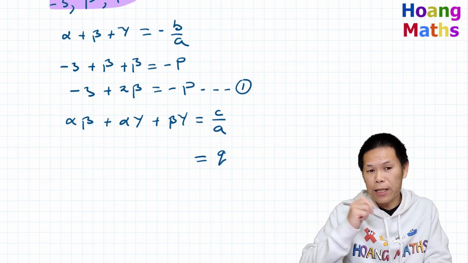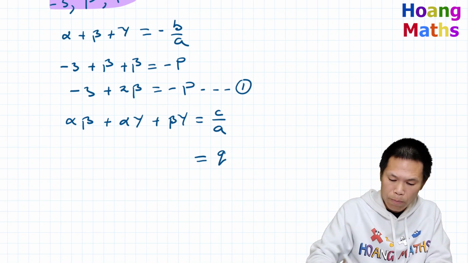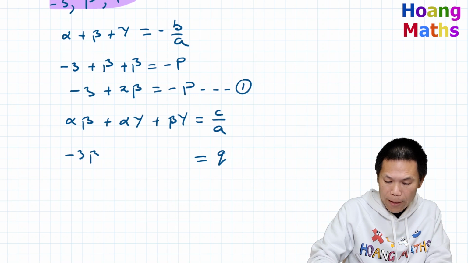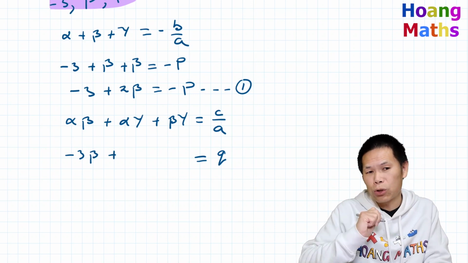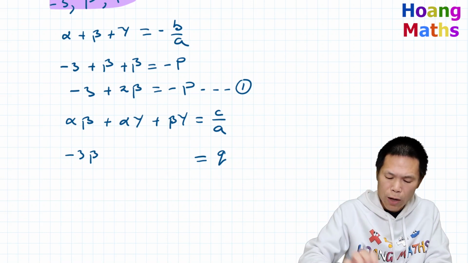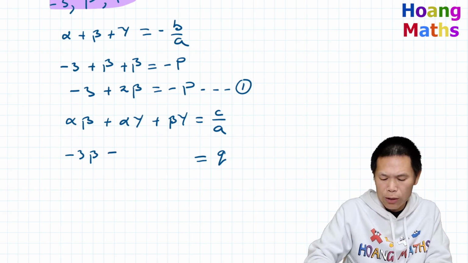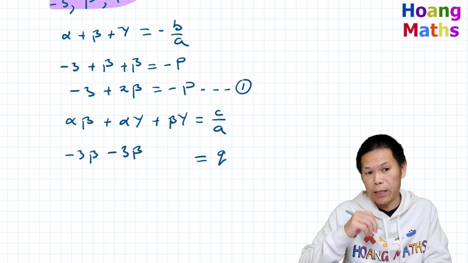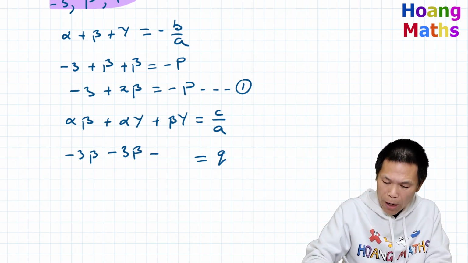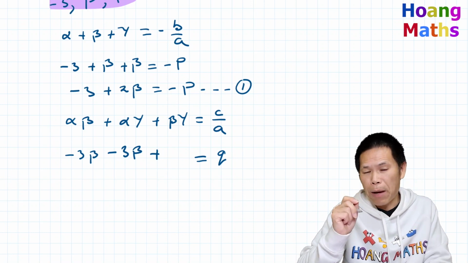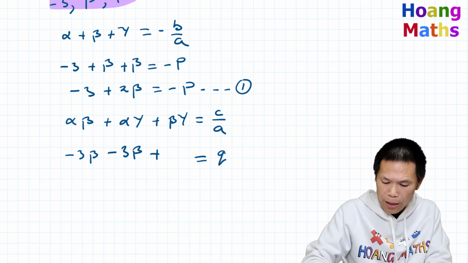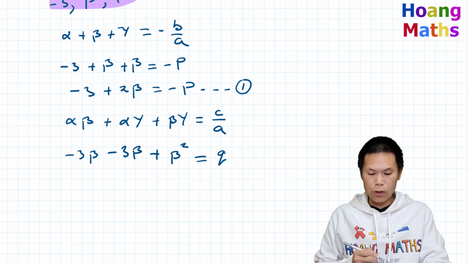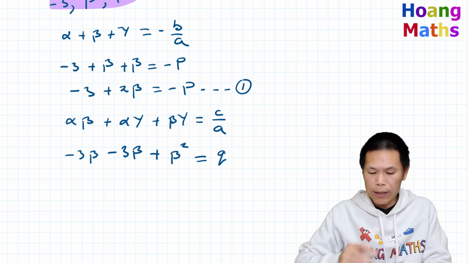Alpha is negative 3, so negative 3 beta plus negative 3 times gamma, but gamma is also equal to beta. So minus 3 times beta, because gamma is equal to beta. And plus beta times gamma, and gamma is equal to beta as well, so beta times beta is beta squared.